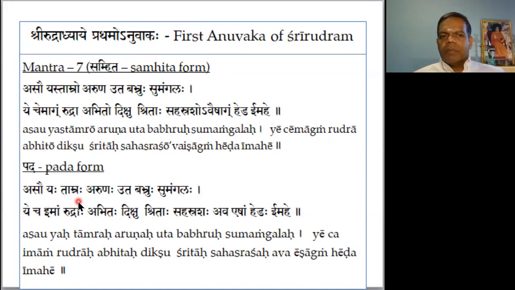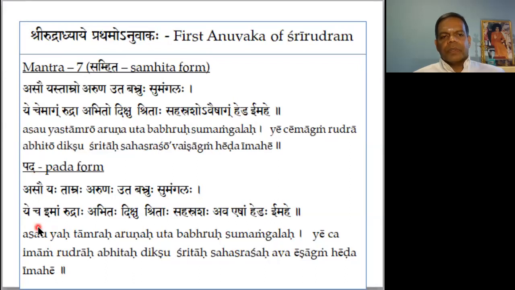Tamraha, again the Visarga becomes O because of Sandhi. Arunaha, the Visarga is dropped because of Sandhi, so it becomes Aruna. Uta, Babhru, Sumangala, no change.